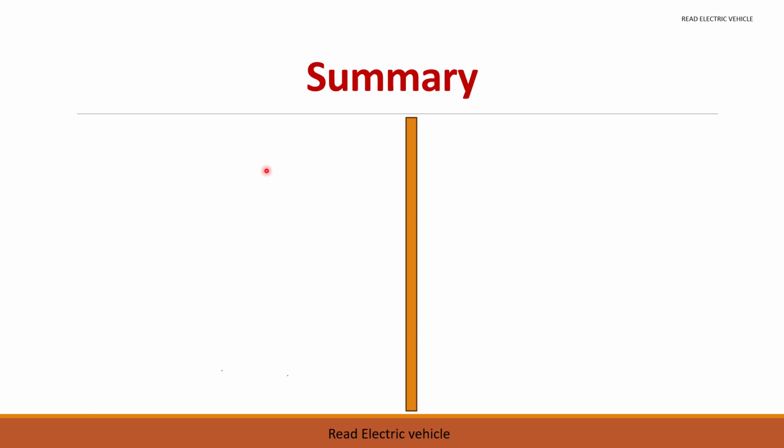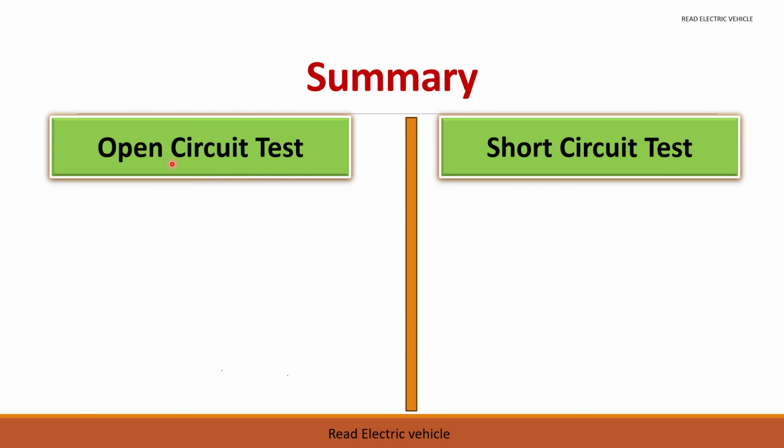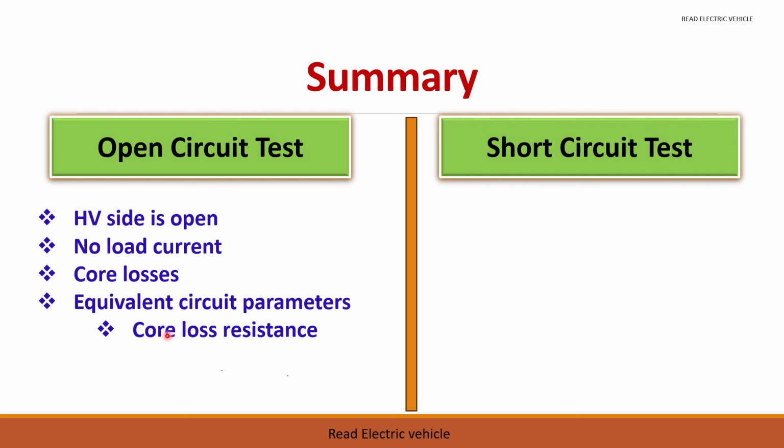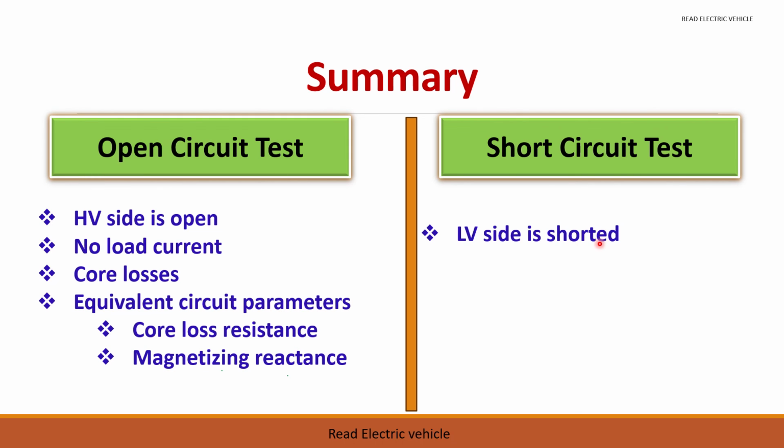Let us summarize what we have seen so far about the open circuit test and short circuit test. In the open circuit test, the high voltage side is kept open. It is also called the no load test. We can get information about no load current and core losses, and the equivalent circuit parameters, core loss resistance and magnetizing reactance, can be found from the open circuit test.